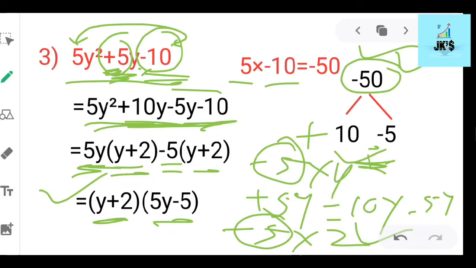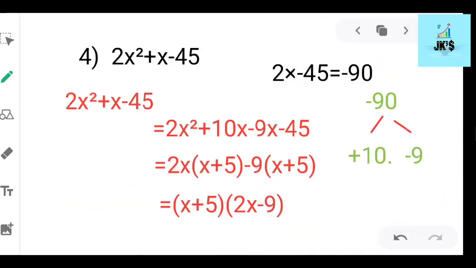Okay friends. Now come to the fourth example, that is 2x square plus x minus 45. According to the steps, we have to take the product of the coefficient of the square term and the constant term.